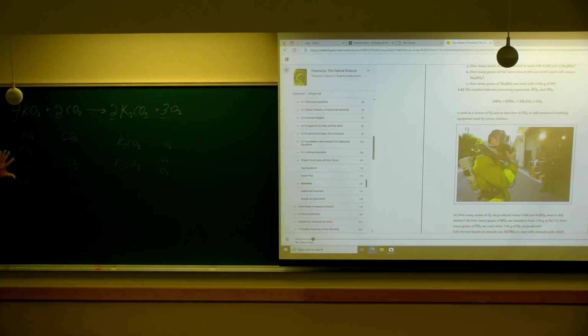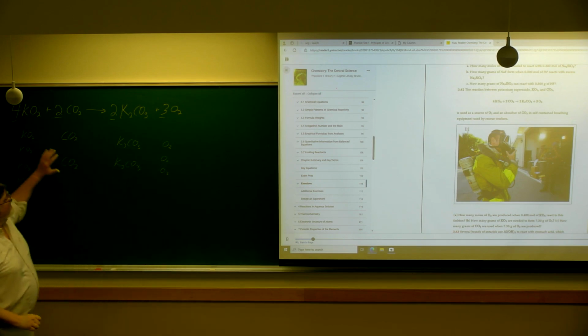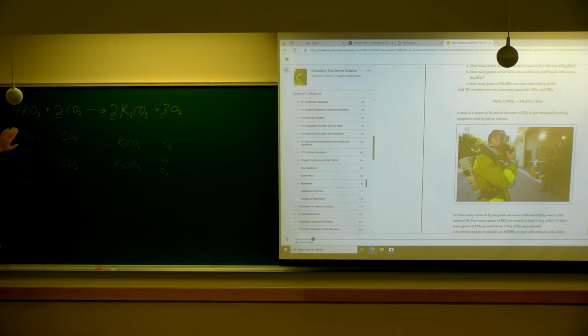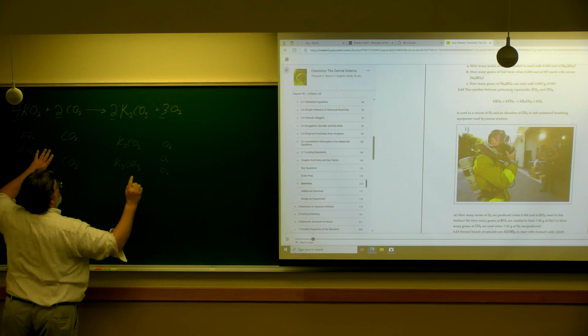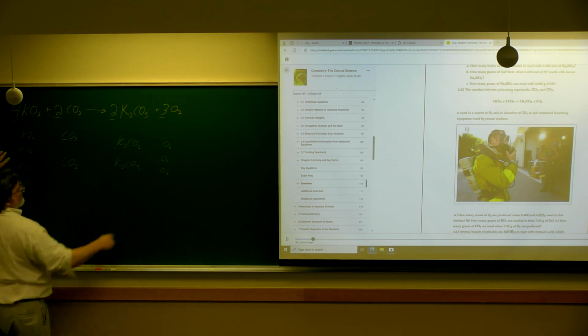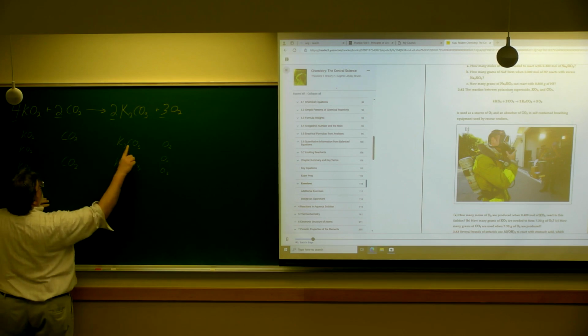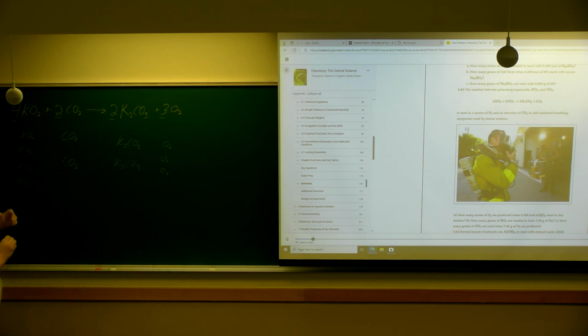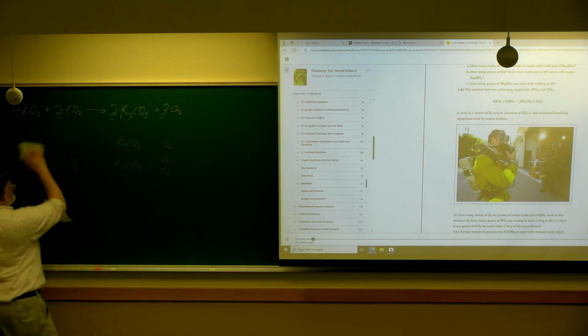So we could write our chemical equations this way. It's just more compact to write them like this. But this makes everything balanced. So there's the same number of oxygens over here as there are over here, and the same number of potassium over here as there are over here, and the same number of carbons over here as over here. That's what the balancing is about. All right, now let me say this.